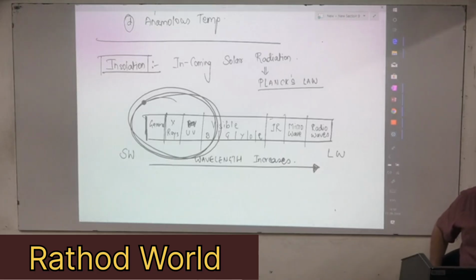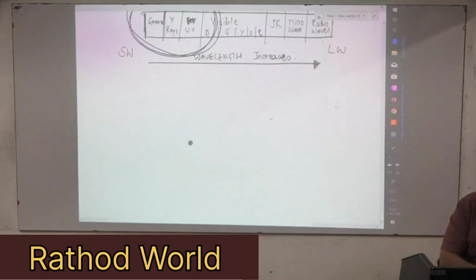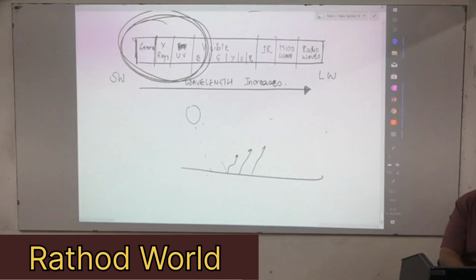Planck's law says that any secondary heat body which is heated from the primary heat, for example the sun will heat the earth, the sun's wavelength will come in the form of short waves, and the earth after heating will give out long wave radiations. So any secondary heat body will give out long wave radiations. So the earth's terrestrial radiation is given out in the form of long waves. Solar radiations are always in the form of short waves.